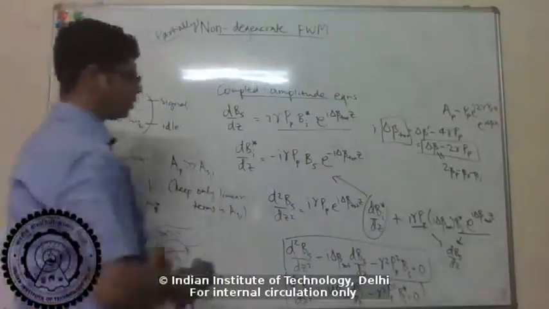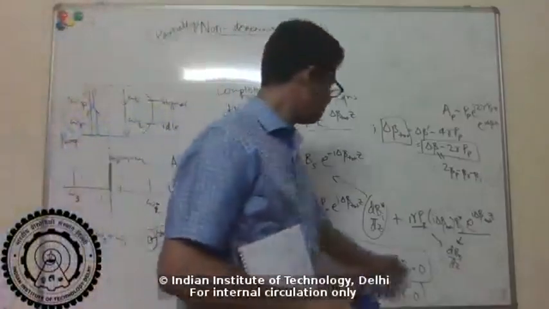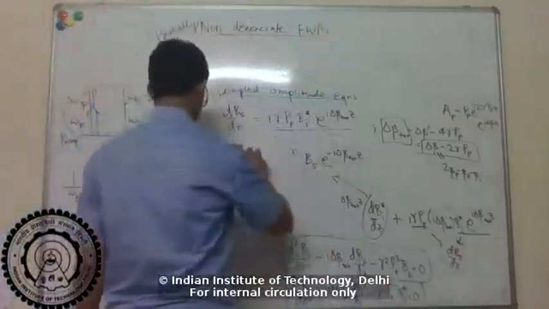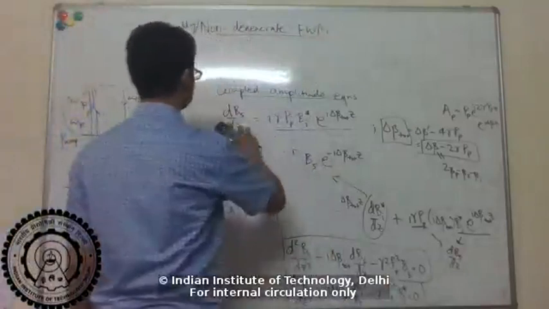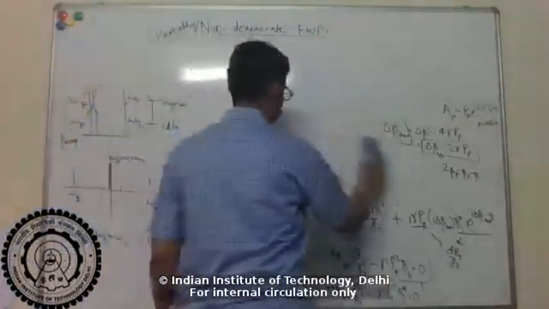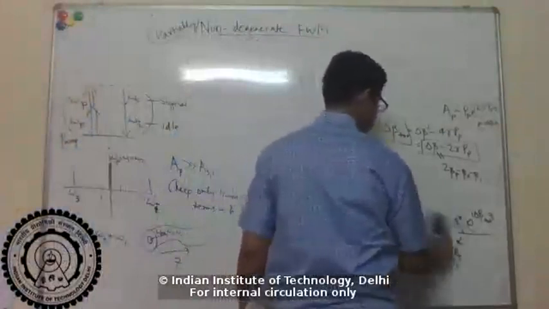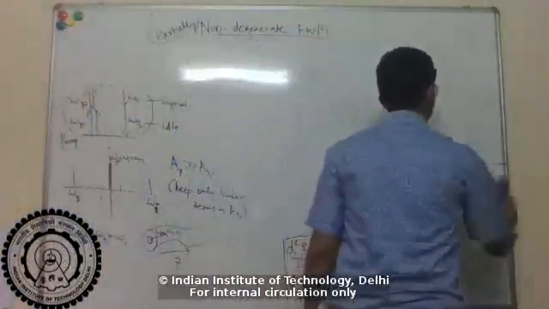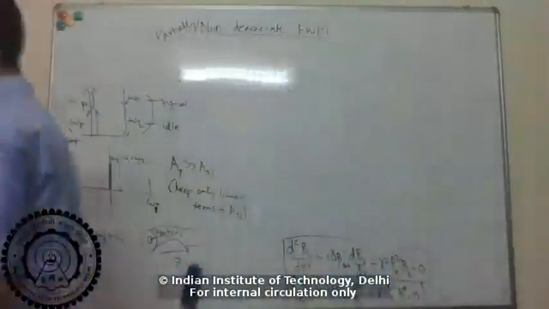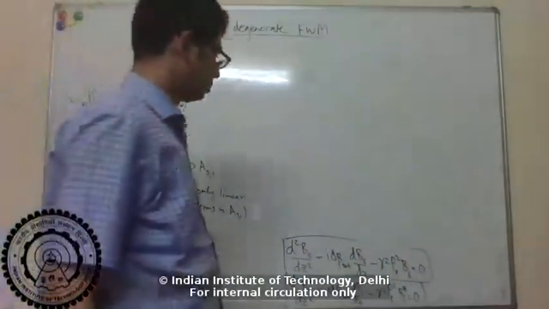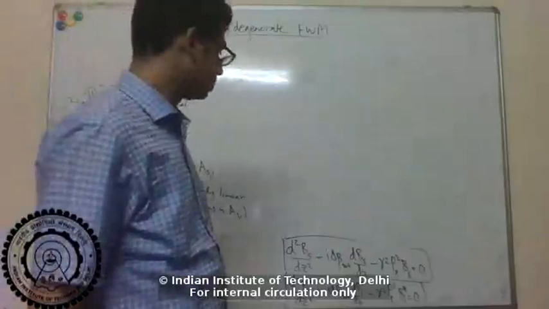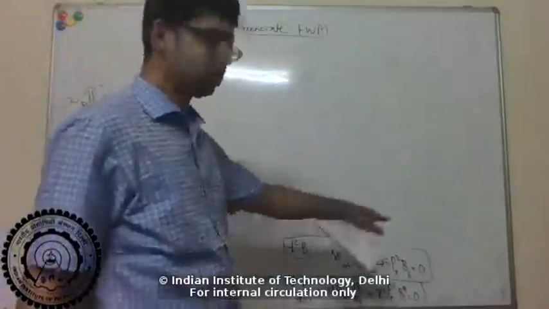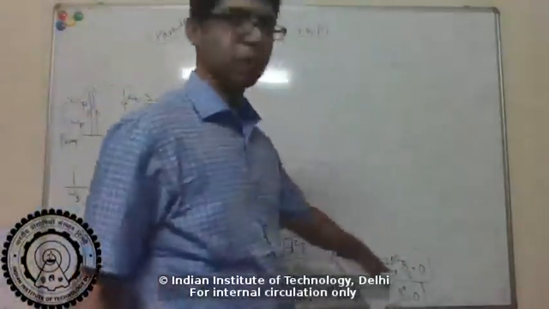Okay. So then how do we solve this equation? You must have seen this kind of equation before somewhere, right? Like for example, a damped simple harmonic oscillator.